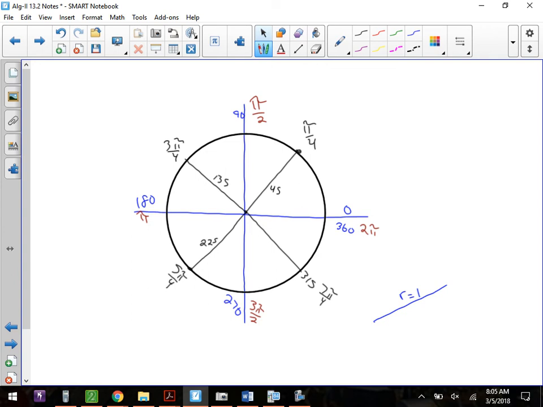Now, go to another angle. If I take 90 degrees and I cut it in a third, it's 30, isn't it? It's 30. What is a third of a half? A sixth.